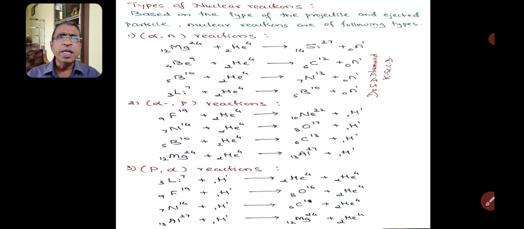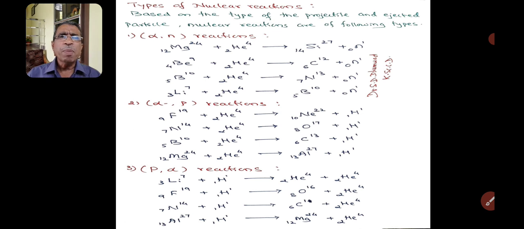In all these nuclear reactions, the atomic number should balance, as well as the mass number, both on the reactant and product side. In the first case, you have atomic number 12 for magnesium and 2 for helium. 12 plus 2 is 14. So on the product side, the silicon atomic number is 14 and the ejected neutron does not have any atomic number.